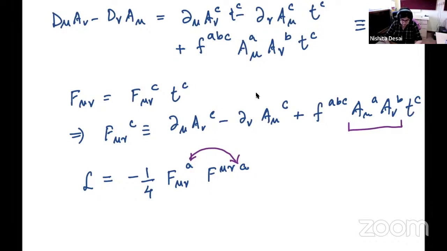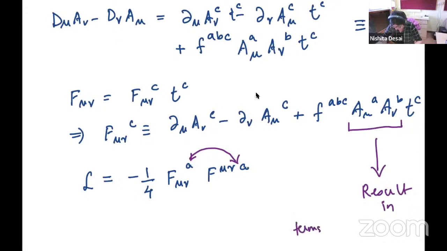And what that means is that you have self-interaction terms, so you have interactions between 3 or 4 gauge bosons. Okay.